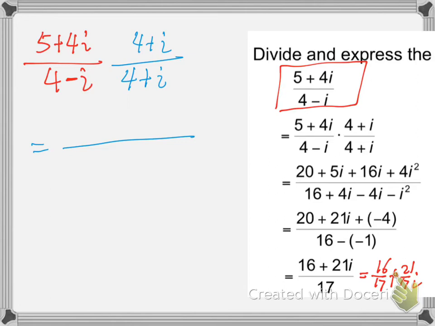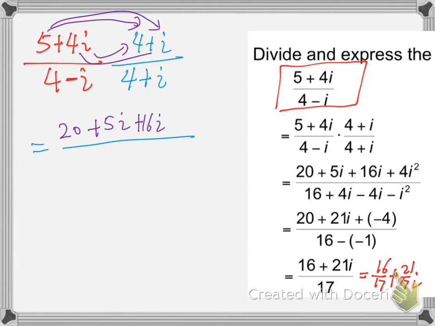So what's on the top? FOIL. What's on the bottom? FOIL again. So we have the FOIL method again and again in this part. On top: 5 times 4, 20. 5 times i, plus 5i. 4i times 4, 16i. 4i times i, so 4i squared.